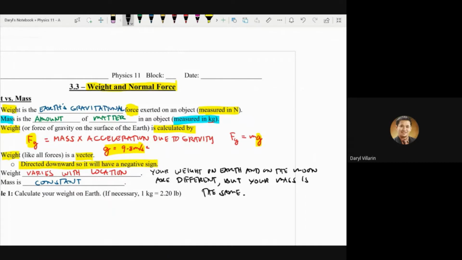So mass is the same, that means constant. It would not change, but the weight would be different in different locations.